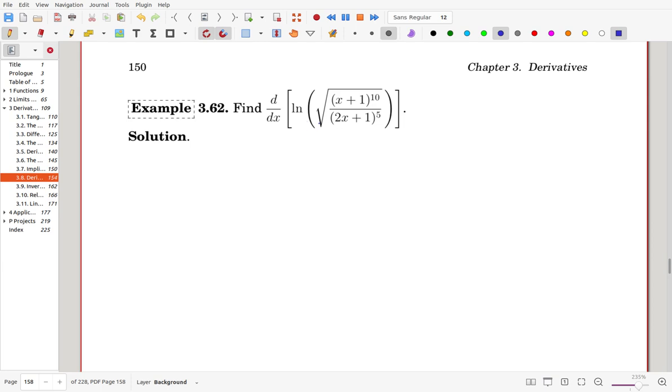Here, inside the logarithm, we have a half power, so inside this bracket, that is the same as... now let's try to manipulate here. The half power can go out, and there's the logarithm of (x plus 1)^10 divided by (2x plus 1)^5.